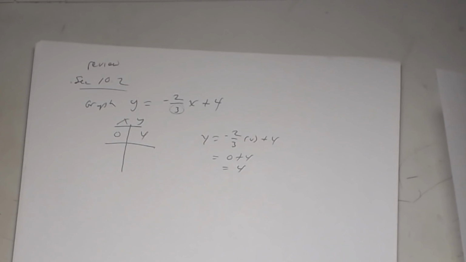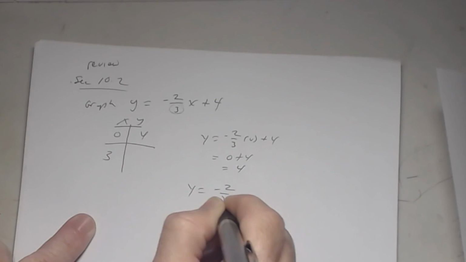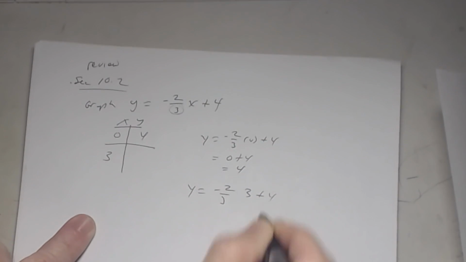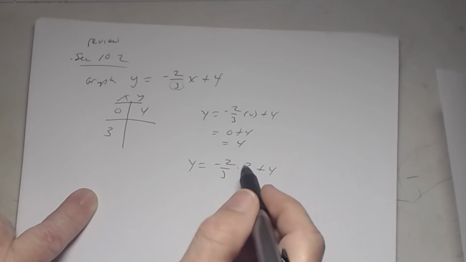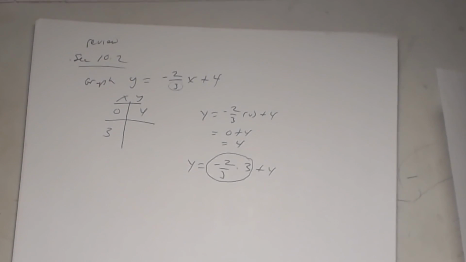So all you do is take multiples of 3, right? 3 times 1 is 3, 3 times 2 is 6, 3 times 3 is 9, and then the negative components. So let's use 3. So if x is 3, I get y equals negative 2/3 times 3 plus 4. Y'all agree? What's negative 2/3 times 3?